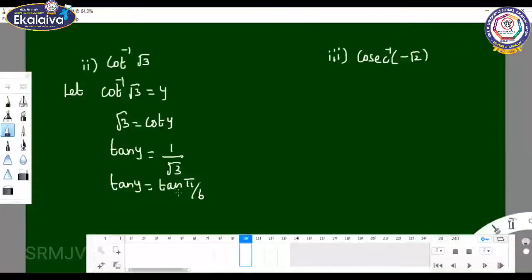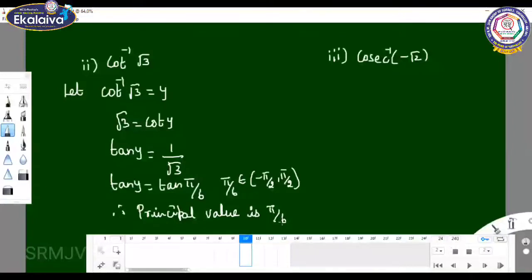So pi by 6 belongs to the open interval minus pi by 2 comma pi by 2. Therefore the principal value is pi by 6.